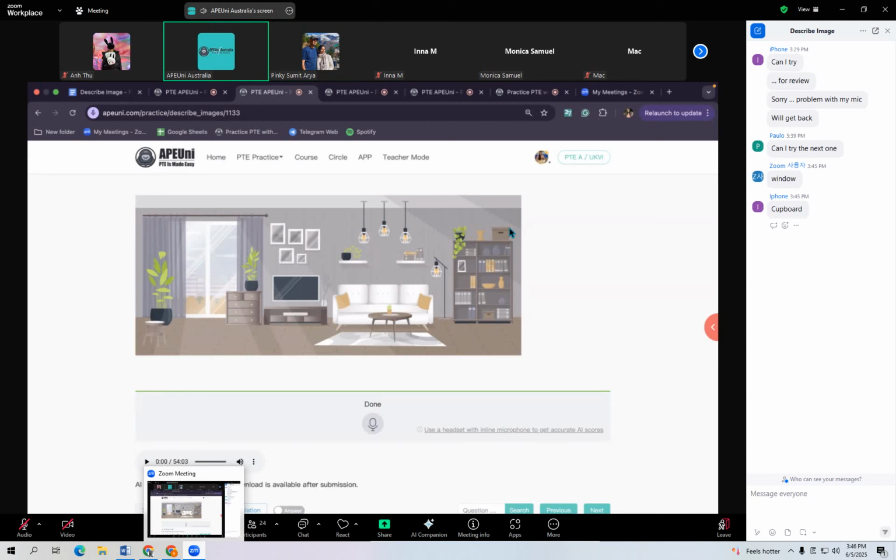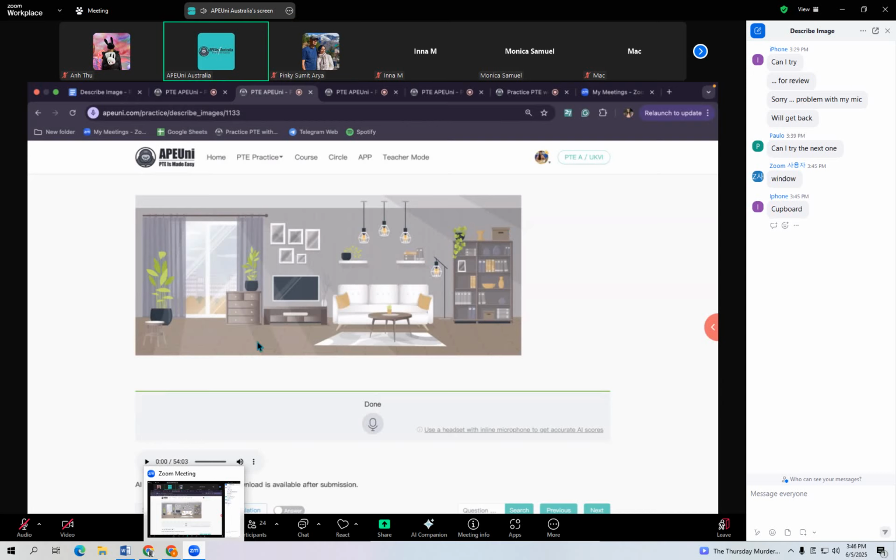Of course you can. You can just say, after analyzing this image, it can be concluded that this image is about a living room. Or maybe something else that you come up with. But would it deduct any score if you say increasing, decreasing? Not at all. Because we want to keep it constant and easy for everybody, for all types of images. We don't change the basic sentence. Okay, thank you, Pinky.